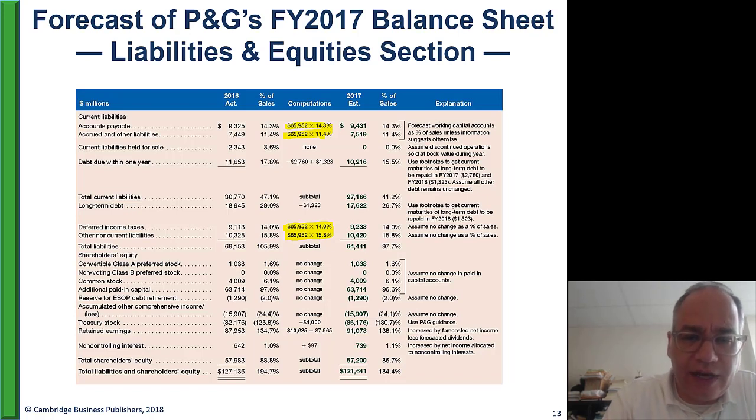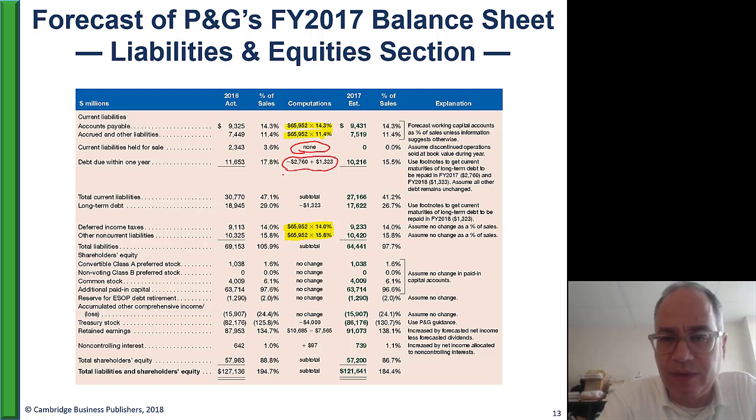So here you can see that current liabilities held for sale, I guess they're selling those. Debt due within one year, they're going to pay a portion of that and increase it. They got this from the footnotes. So they saw what the payments need to be, and they took those off. And then they added the new payments that need to be made.